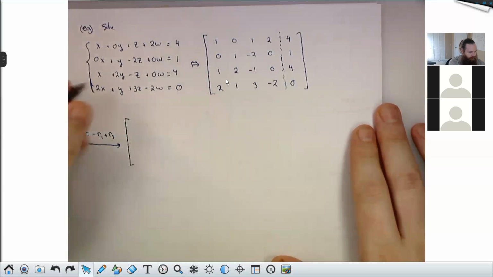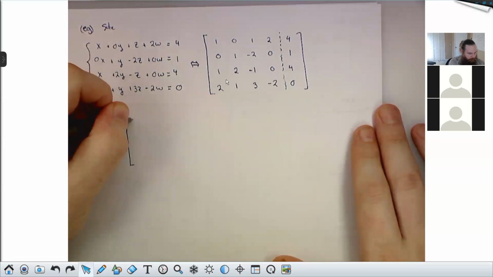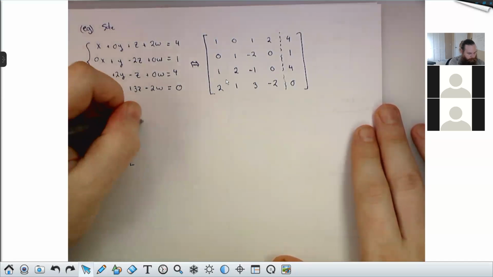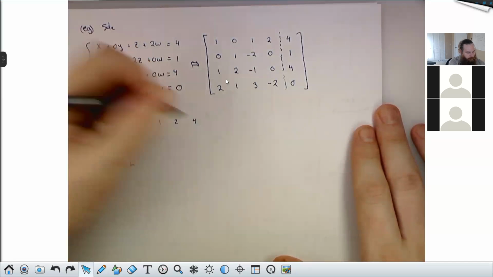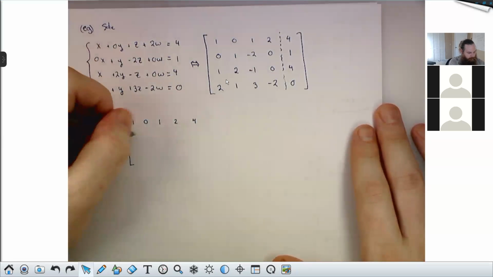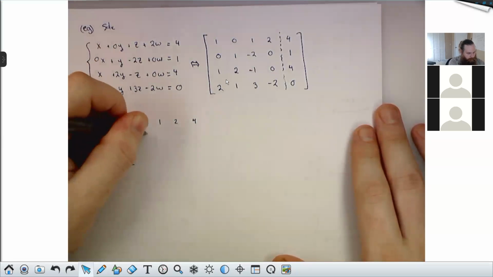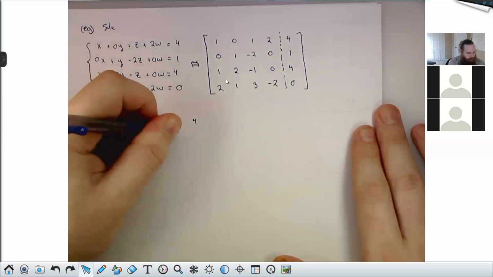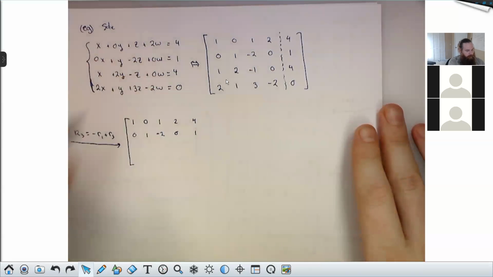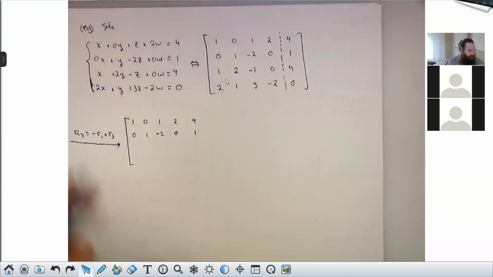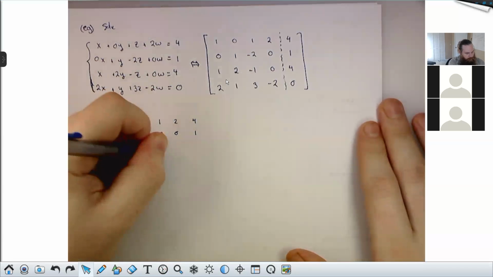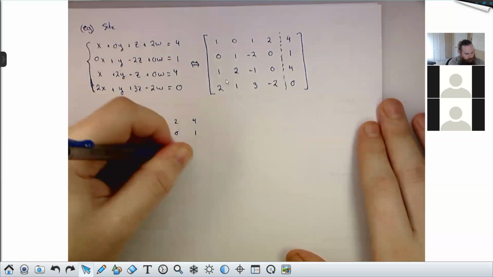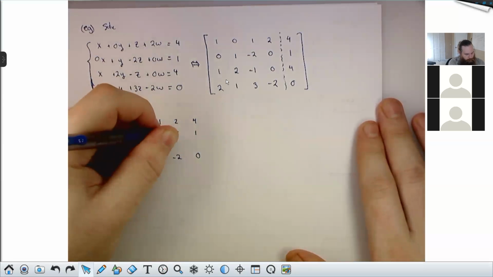I might need more space than that. All right. So my first row is staying the same. 1, 0, 1, 2, 4. My second row is staying the same. 0, 1, negative 2, 0, 1. My fourth row I'm going to copy down because it's also not changing. 2, 1, 3, negative 2, 0.